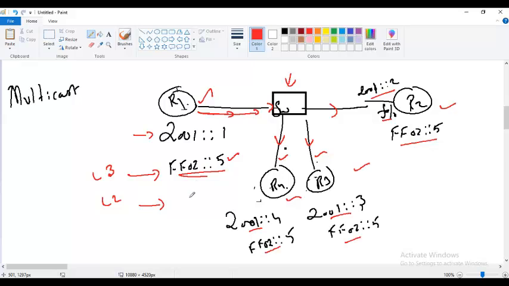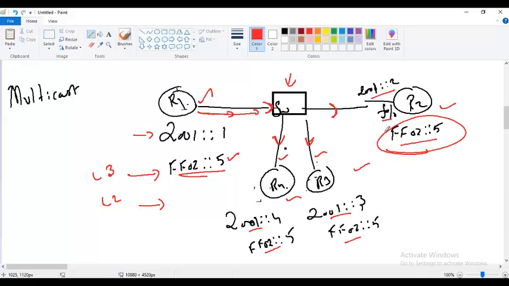And when the traffic hits the switch, it will immediately forward the traffic via all the ports. A copy is going simultaneously to all the other three routers, R2, R3, and R4. And if R2, R3, and R4 are running OSPF, only then can they open it.